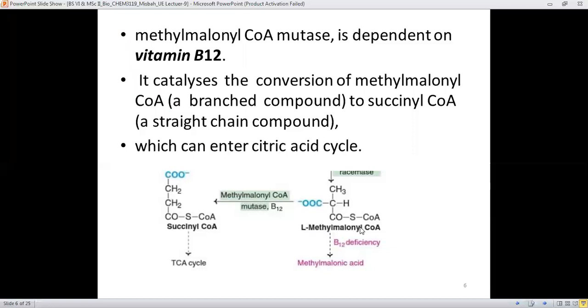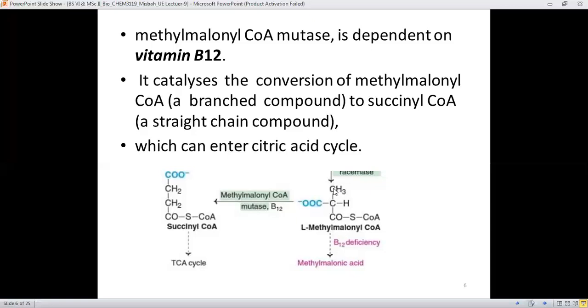When L-methylmalonyl CoA is formed, there is a role of the methylmalonyl CoA mutase enzyme, which converts it into succinyl CoA. In this case, only one functional group, the carboxylic acid group, moves from this asymmetric carbon to the terminal one, to the first carbon.